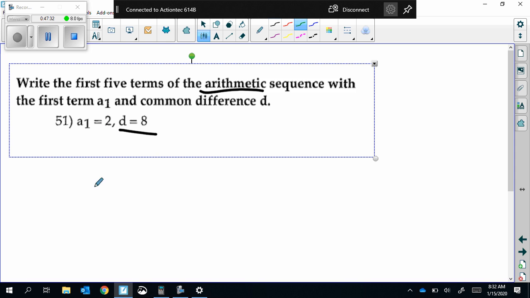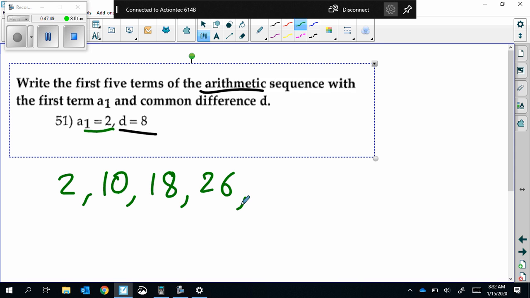So the first term is 2. Start with a 2. Add 8 over and over again until we write out 5 terms. Add 8, get 10. Add 8, 18. Add 8 again, 26. Add 8 again, 34. 1, 2, 3, 4, 5 terms. That's all.